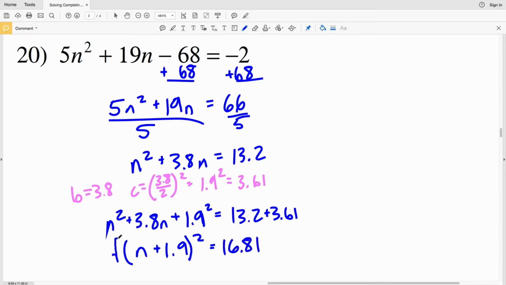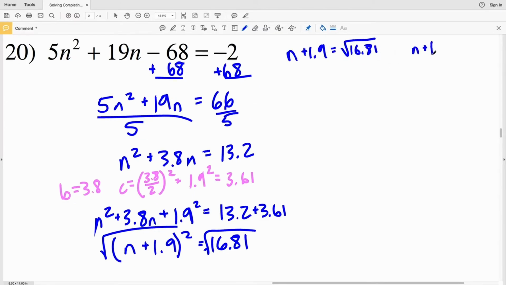So I'm going to take the square root of both sides. That means that n plus 1.9 equals the positive square root of 16.81, or n plus 1.9 equals negative square root of 16.81. So in both equations, I'm going to need to subtract 1.9 from both sides in order to isolate my n value.